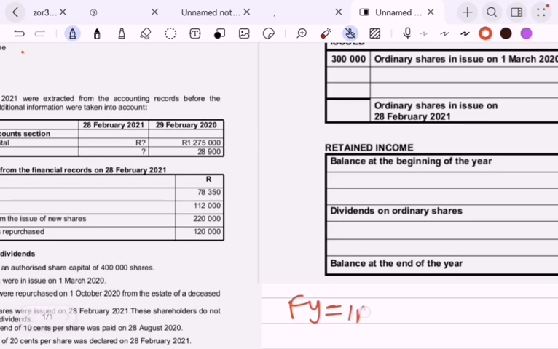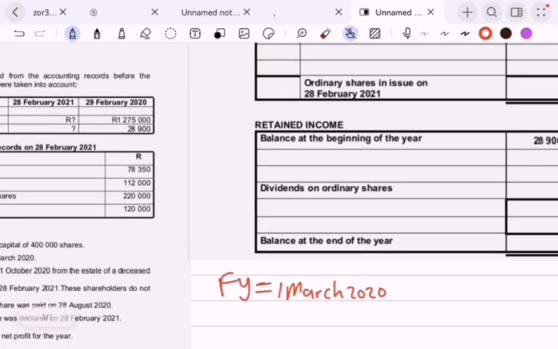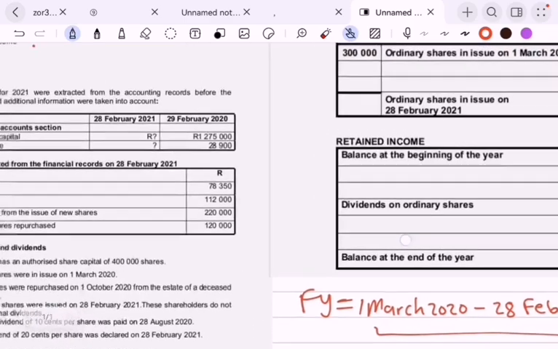So the first month of the financial year is 1st March 2020, moving until 28 February 2021. Beautiful. So we take into account everything that happens within this time interval.